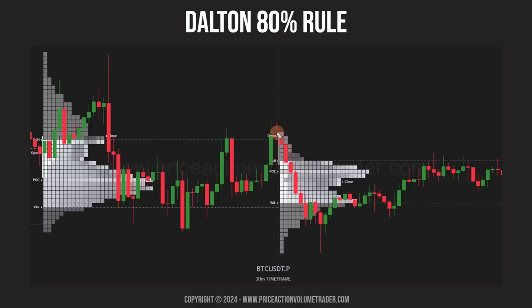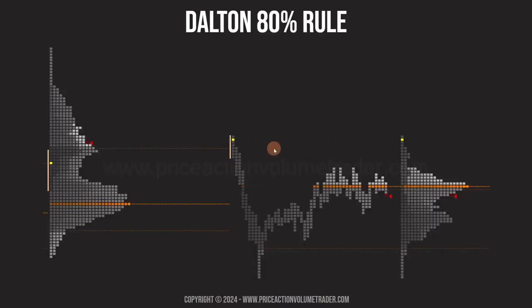So in a case like this, where the first TPO closes inside, you can even look to operate right at the beginning of the second TPO because you're already trading inside of that value on the second period. Okay?